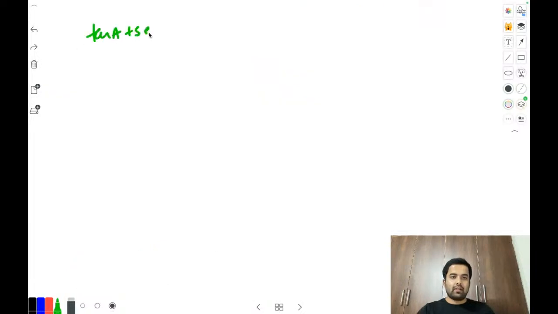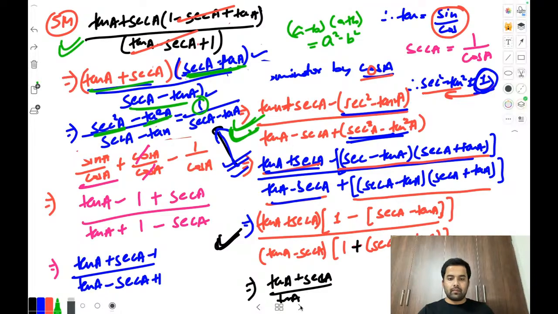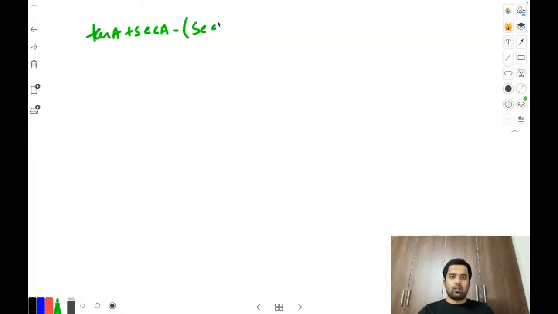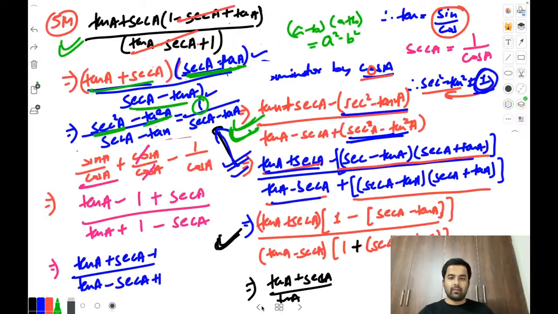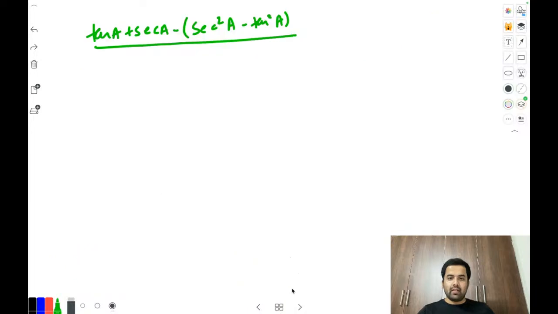(Tan A plus sec A minus (sec square A minus tan square A)) divided by (tan A minus sec A plus (sec square A minus tan square A)).